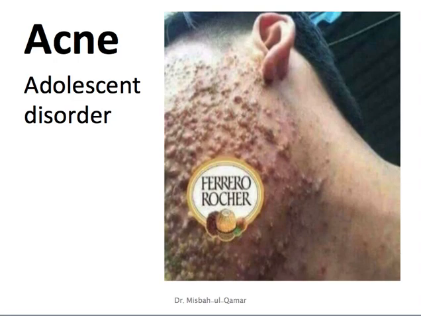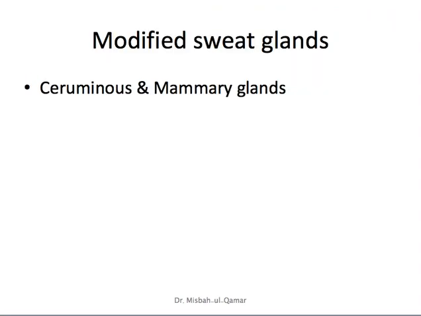And then there are some modified sweat glands, which are the ceruminous glands and the mammary glands. Mammary glands secrete milk, while the ceruminous glands are present in the external ear, and their secretion is ear wax.